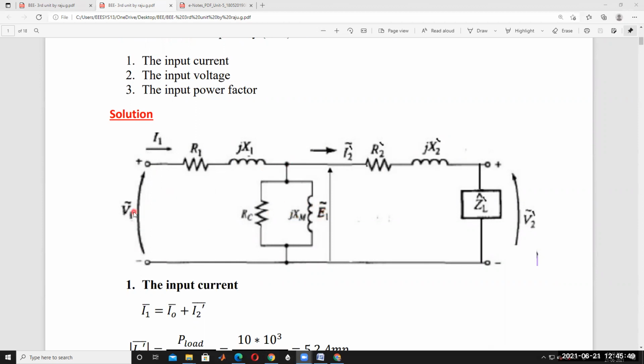By applying KVL in this loop: minus V1, plus I1 into R1 plus jX1, plus E1 is equal to 0.